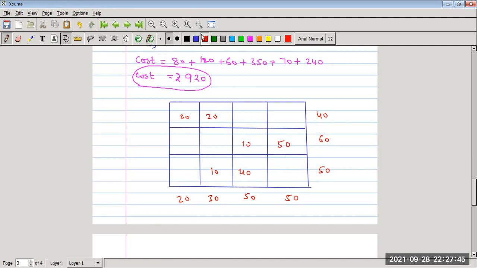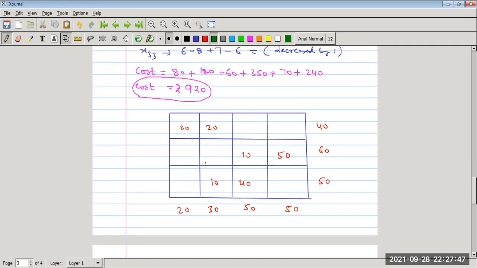Now we can write the per unit cost. So per unit cost is 4, 6, 8, 8, 6, 8, 6, 7, 5, 7, 6, 8.